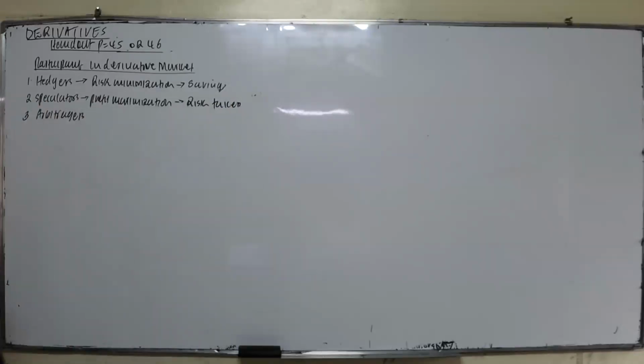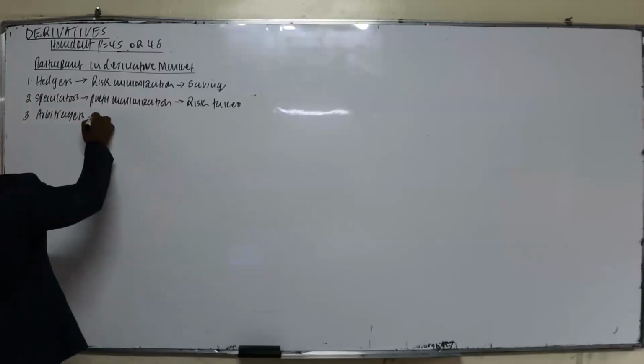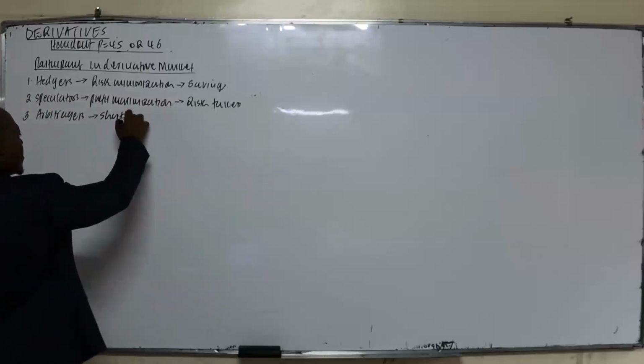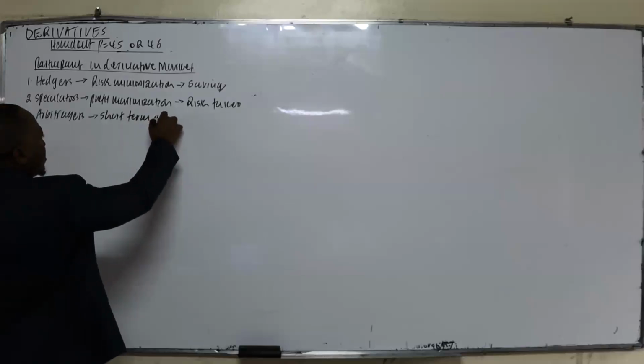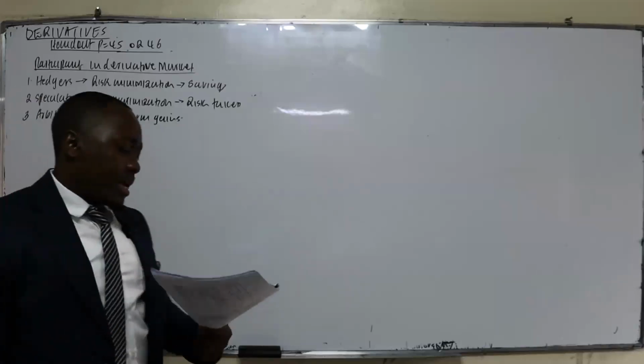Now, arbitrators, they are speculators who are, we can say, risk neutral. They don't want to take much risk, but they want to make short-term gains. So therefore, arbitrators, they are also speculators who enter into market to make short-term gains as a result of the fluctuation of the derivative prices.